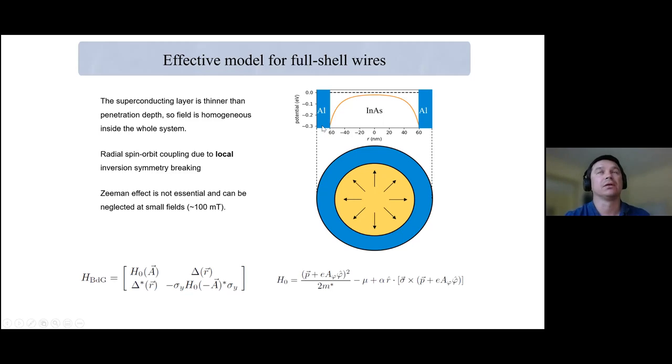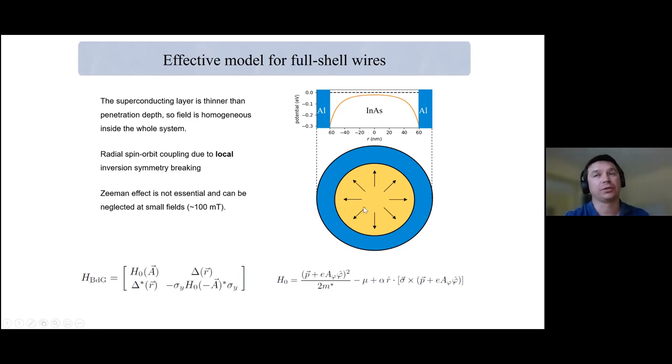Second, we assume that there is an accumulation layer at the interface. As I've shown before, we know from ARPES studies that there's an accumulation layer with a band offset of the order of hundreds of meV. This band offset and this radial electric field is an important ingredient of this proposal.